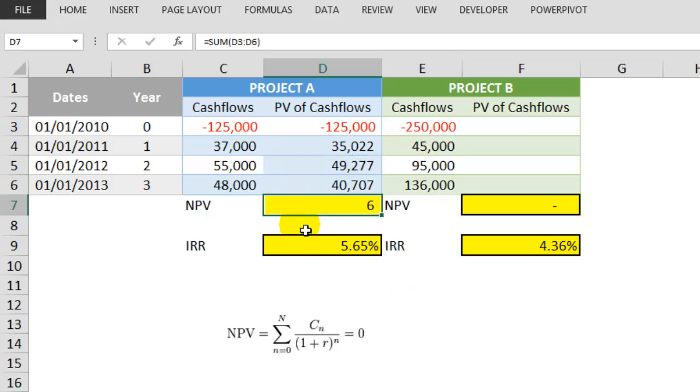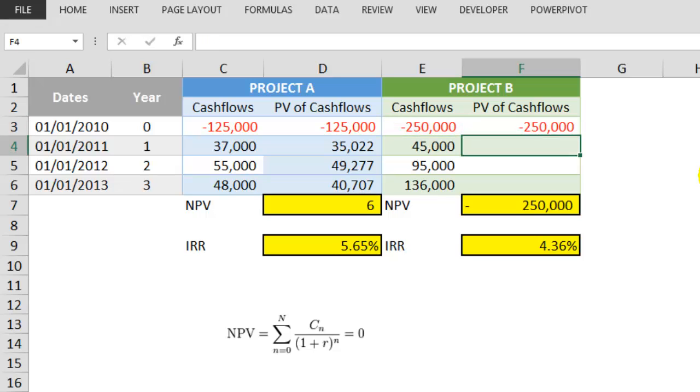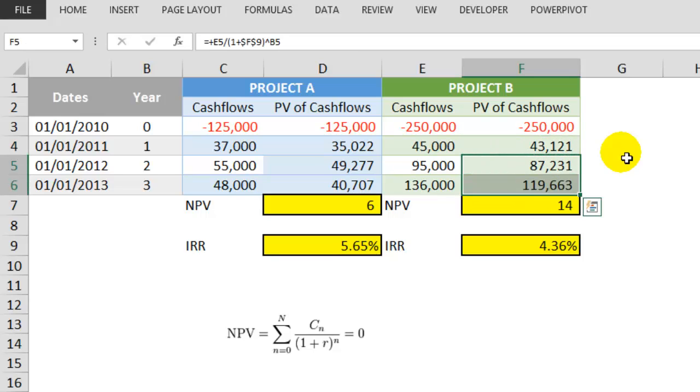So I'm getting a value of 6, which comes because of the rounding of difference. Similarly for project B, we'll use the same formula: the cash flow divided by 1 plus the internal rate of return, freeze the cell, raised to the power of the year in which it occurs, copy to the remaining cells.